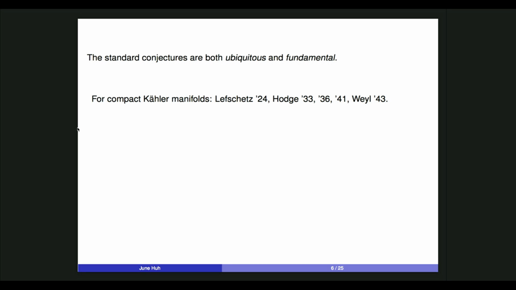So Lefschetz proved the most classical case of compact Kähler manifolds in the 20s, and Hodge, using his theory, gave a more correct proof. And then a few more years later, he gave an even more correct proof. And again, a few years later, he gave an even more correct proof. And Hermann Weyl gave a correct proof.